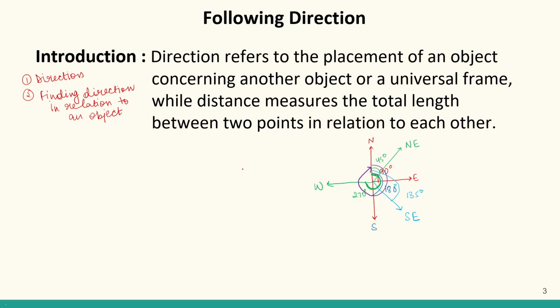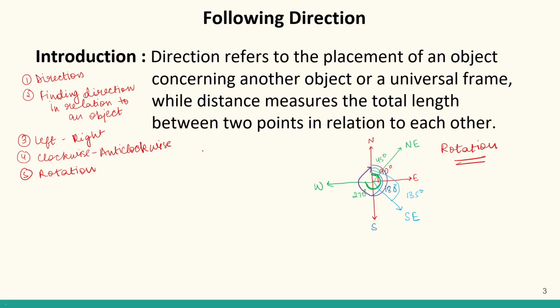If A is to the north of B, that means B will be to the south of A. Then we discussed the basic concept of left and right, and similarly the basic concept of clockwise and anti-clockwise. These four concepts we discussed. Now, this concept is called rotation, so we also understood the concept of rotation.